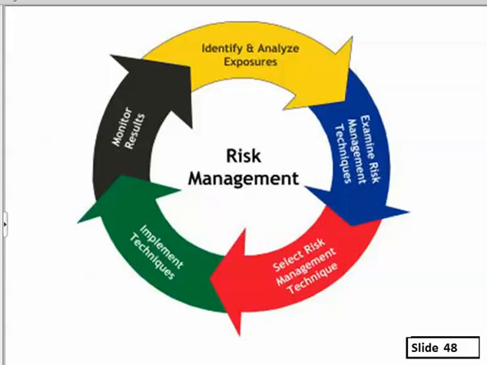Once you've determined what the techniques are that you can use to control that risk, then how do you implement those techniques? And then how do you measure the results? And based on the results, look at the upcoming risk or modify future risks, because there's always going to be more risk. So it's a never-ending cycle. And you as the owner of the business are the ones who are going to be most involved with that.